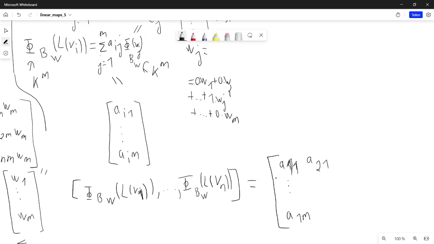A21, A2M, and that goes on until whatever n, because that is the last one. And we go again through the whole column, and we obtain A_nn.